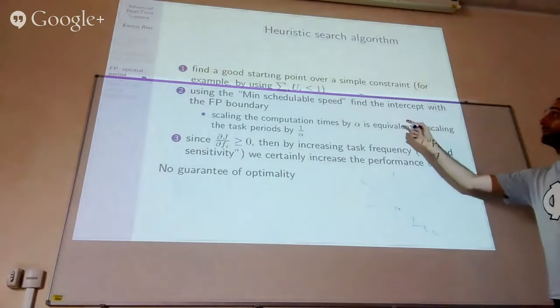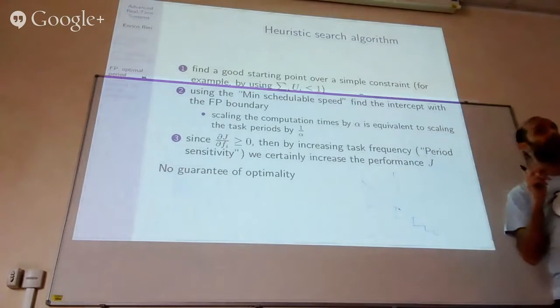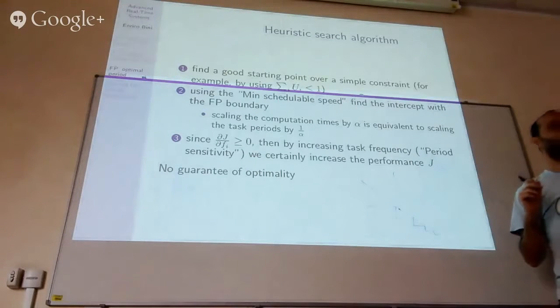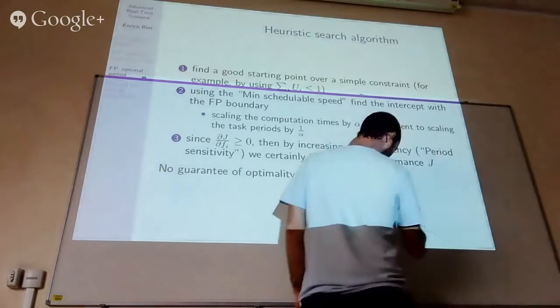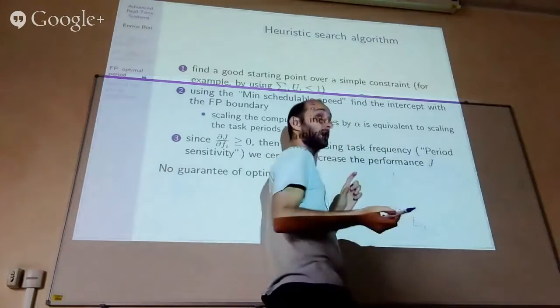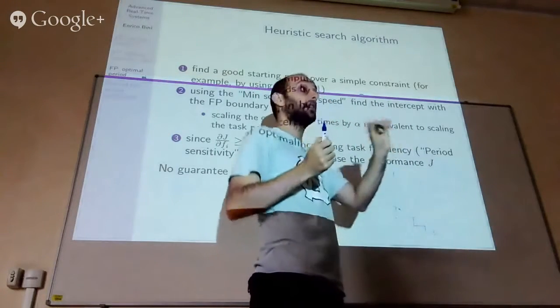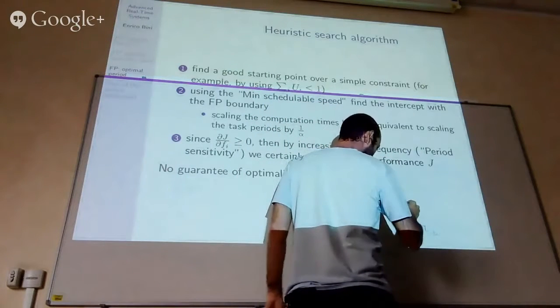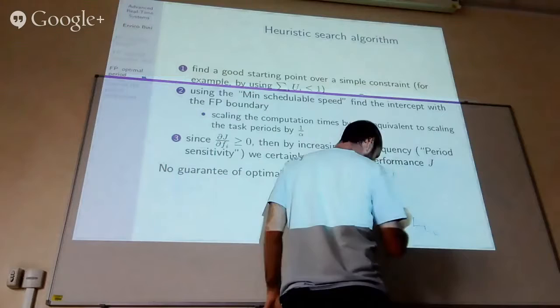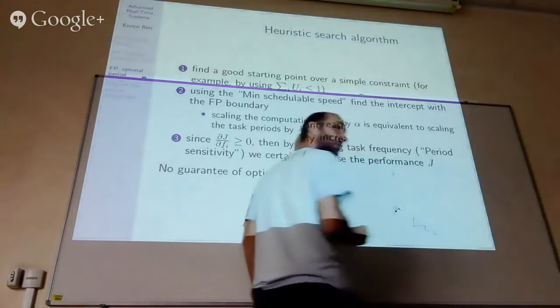Now using the sensitivity of the minimum speed, which is something I showed you last class: minimum speed is the minimum scaling, and the scaling in computation time is the same as the inverse of the scaling of frequency. So with the minimum scaling, we find a point where we hit here.